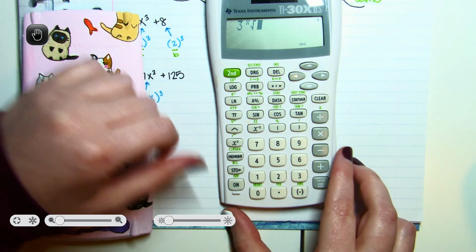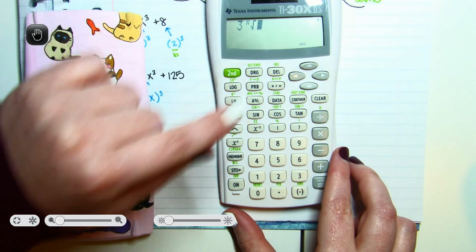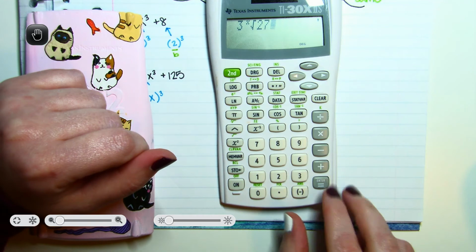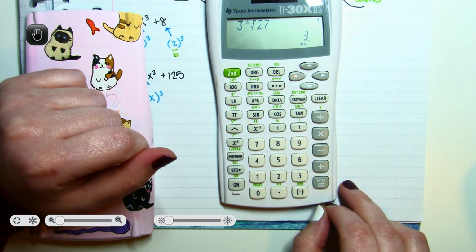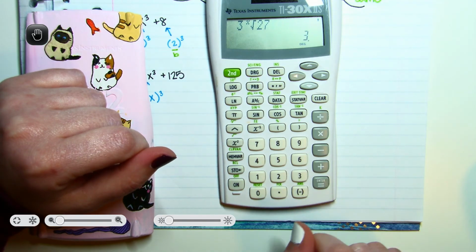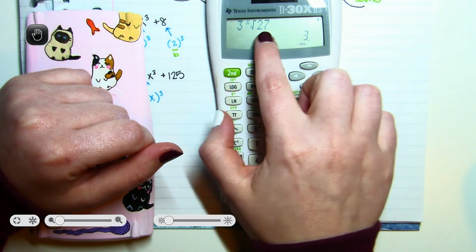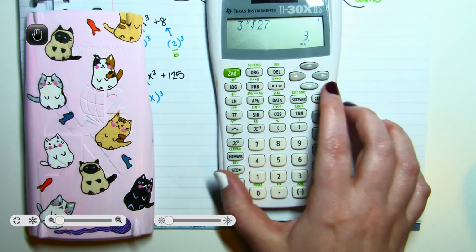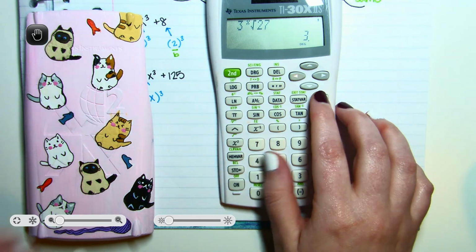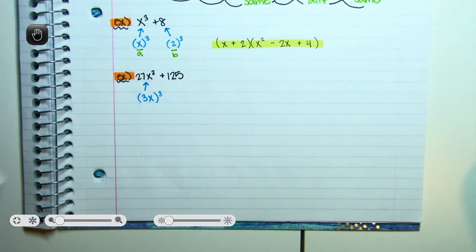And notice how now it says 3 and then x radical. And then I'm going to type in 27, equals 3, which means the cube root of 27 is 3. Or in other words, 3 cubed is 27. So that's how you can figure it out on your calculator. But again, I'm going to be giving you pretty small numbers, and you can keep your little cheat sheet handy.